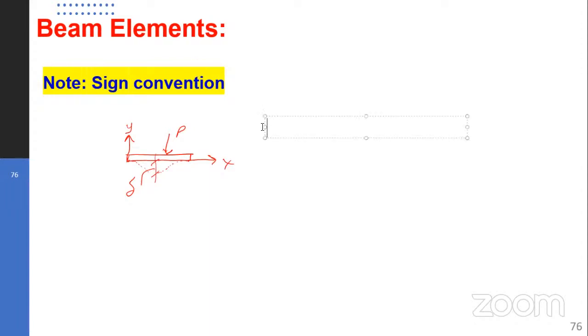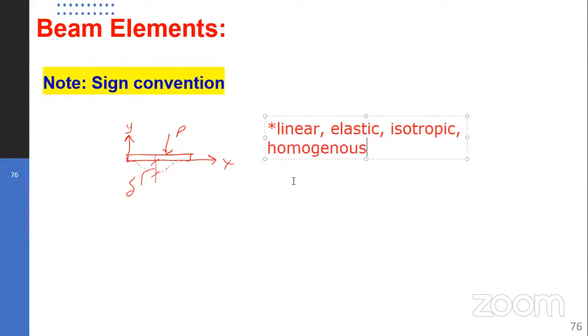When we talk of a material which is linear, we say it's elastic or linear elastic. Then we talk of isotropic, then we talk of homogeneous. This is the perfect material that we are considering.